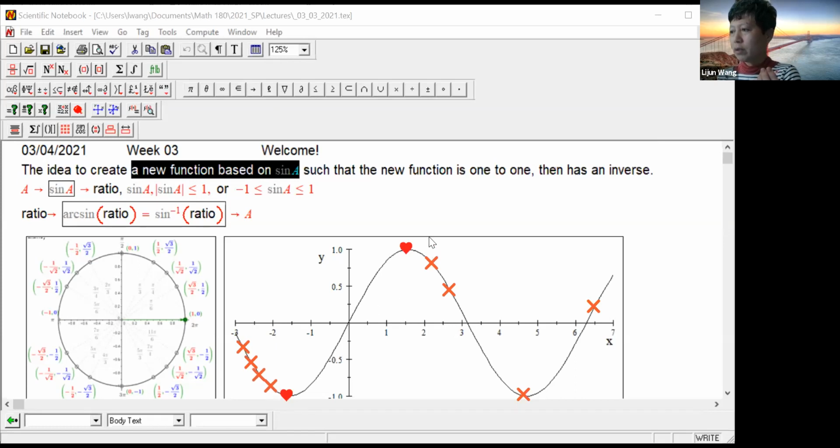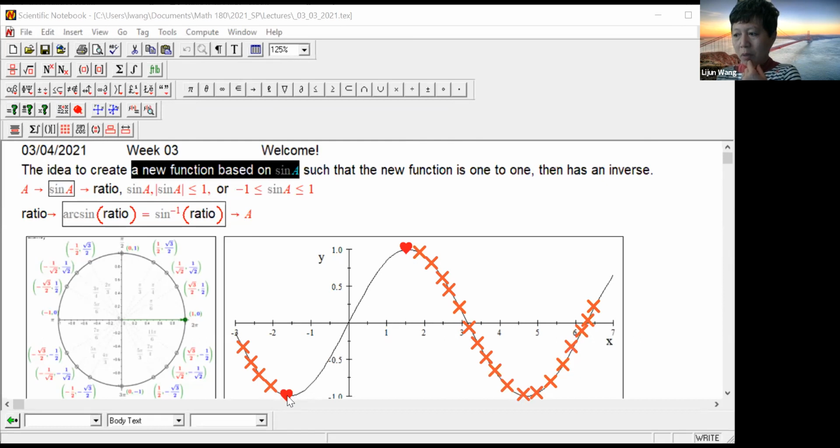This is a new function. We're going to express this new function, and see how its inverse will be created. All of these are chopped off.